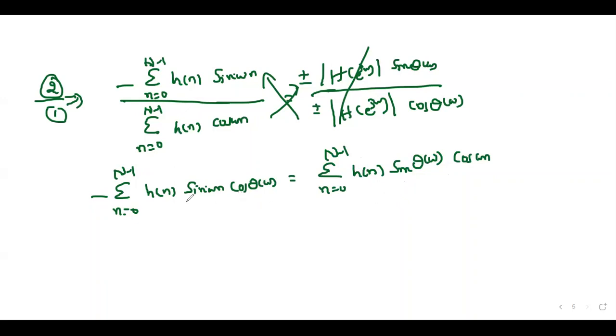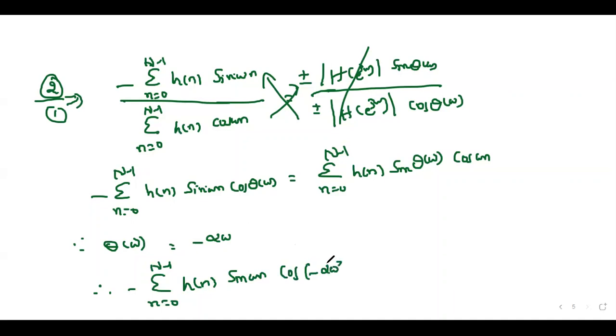Here, I will substitute the phase response theta of omega. Since theta of omega is equal to minus alpha omega, I will take this equation as summation n is equal to 0 to N minus 1 h of n into sine omega n and cos of minus alpha omega is equal to summation n is equal to 0 to N minus 1 h of n into sine theta, here cos omega n I will write first.